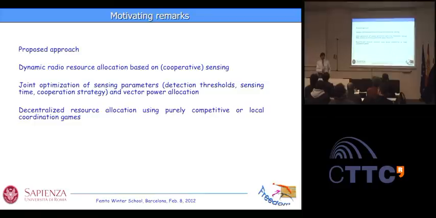And of course, we can learn and adapt only if we know the environment, which means that we have to estimate the channel, and we have to estimate the interference power across the sub-channels that we might have in an OFDM physical layer structure. So in particular, I will focus on the joint optimization of sensing parameters, detection thresholds, sensing time, cooperation strategy, all together, and vector power allocation. And then I will talk about the decentralized strategies to implement this kind of allocation.